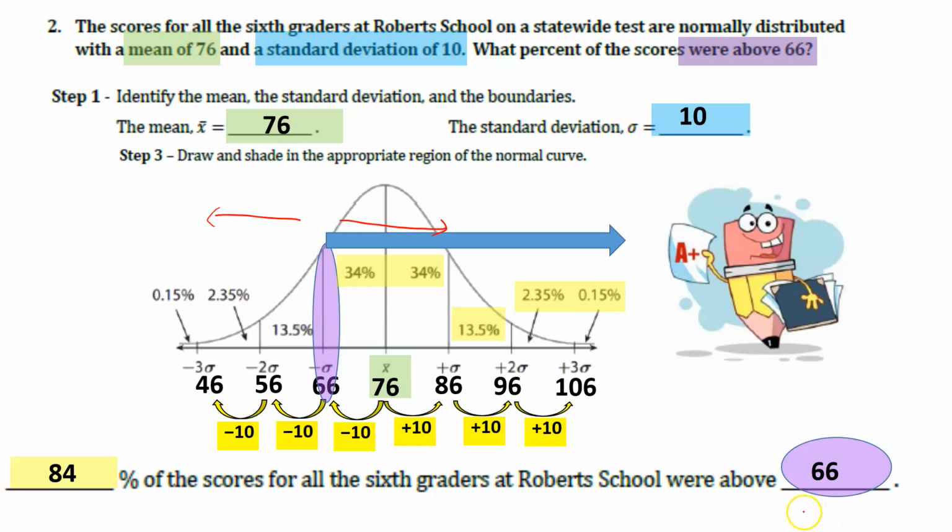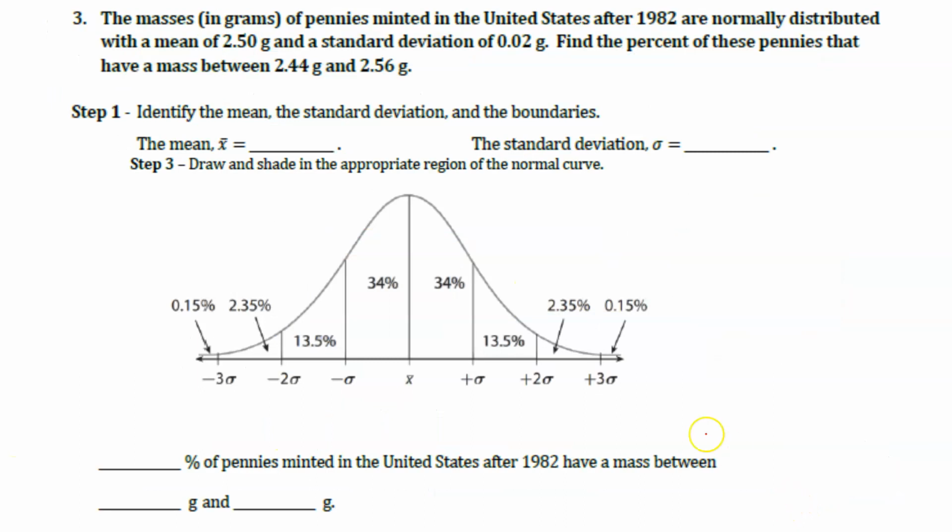All right, moving on. If at any point I'm going too fast, please pause. Here, we're talking about pennies that are minted in the United States after 1982 as normally distributed, with a mean of 2.5 grams and a standard deviation of 0.02 grams. So I'm going to write that in and fill in our standard deviation and our mean.